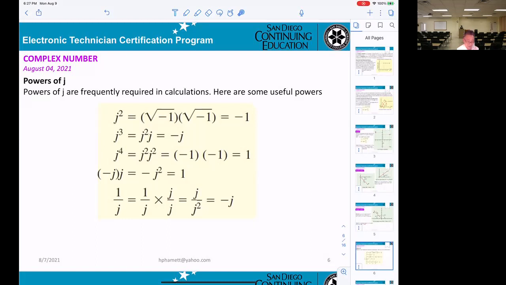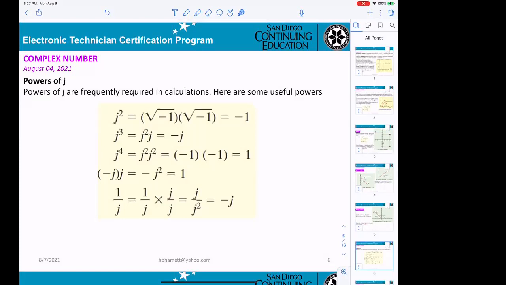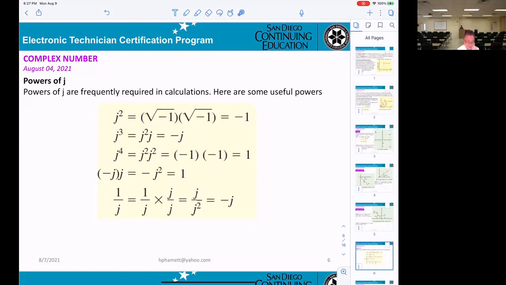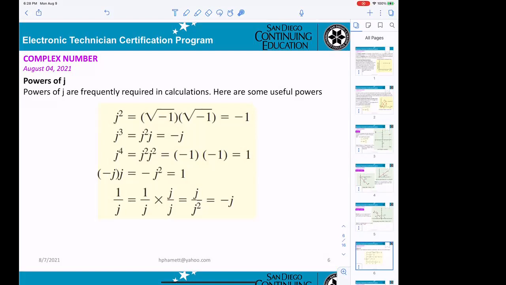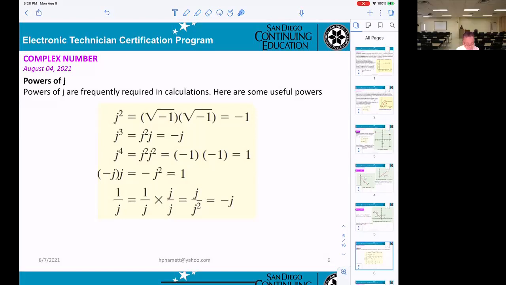And you already know j squared is minus 1, so minus 1 times j is minus j. j to the power of 4 is j squared times j squared. j squared is minus 1 times minus 1. Minus times a minus is a plus. Yeah, you get 1.